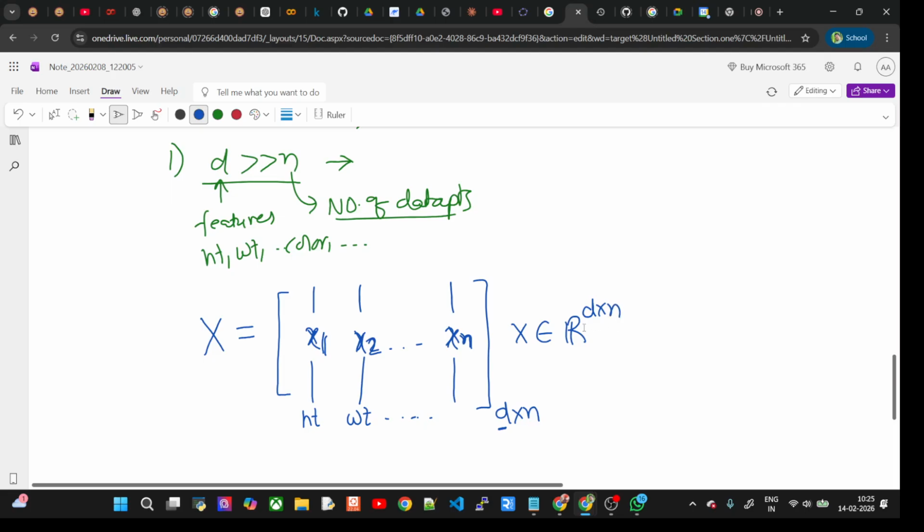Normally n is generally greater than D. Not too much, but n is greater than D, then you can use our week 1 sessions, like calculating PCA normally.